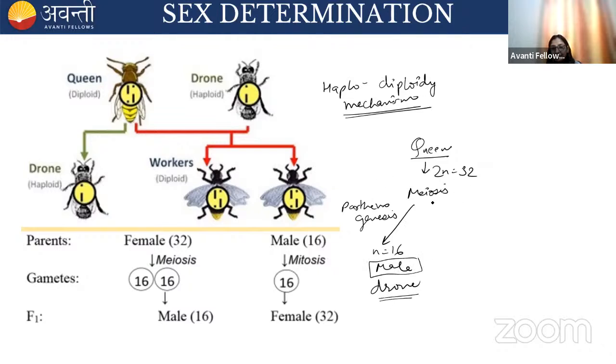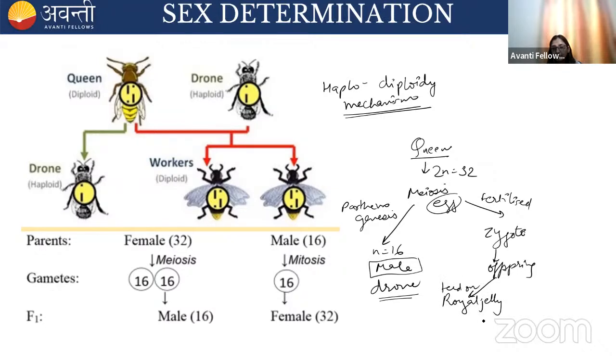If this egg is fertilized, the zygote will develop into the offspring. If this offspring is fed on royal jelly, it will lead to a queen. And here 2n equals 32.